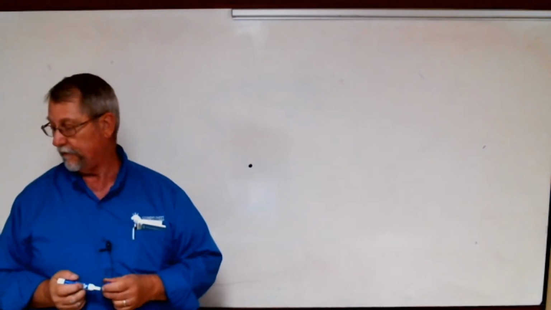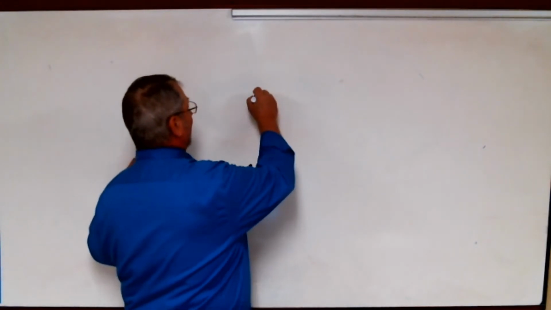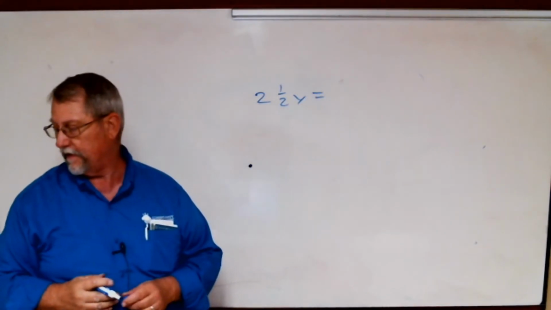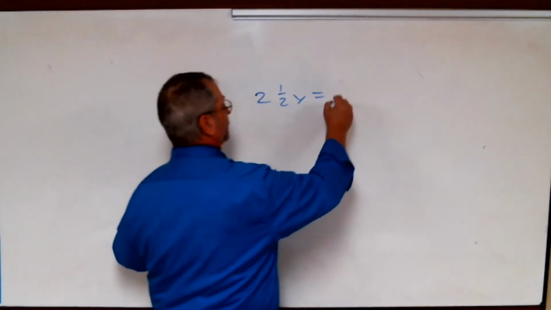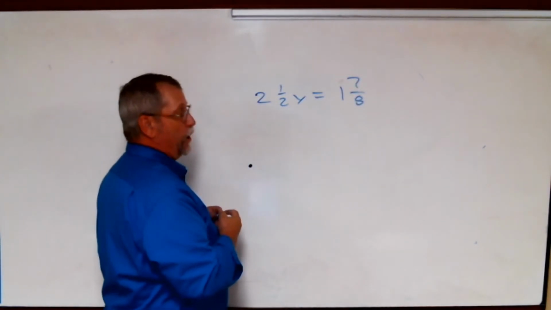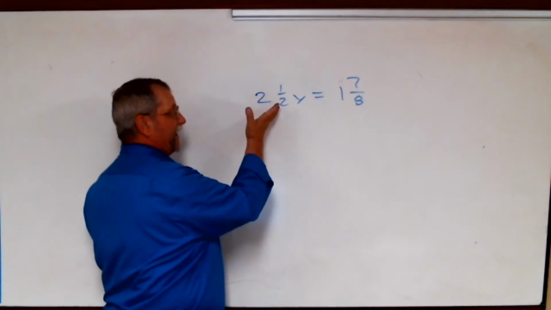Let's look at another example here. 2 1/2 y equals some other number over here, 1 7/8. Since I know it's multiplication, I'm going to divide.